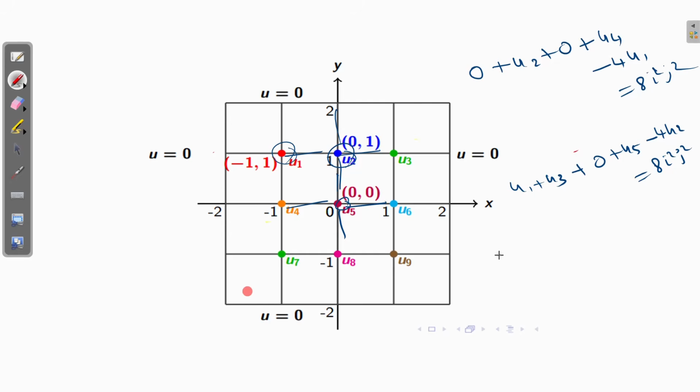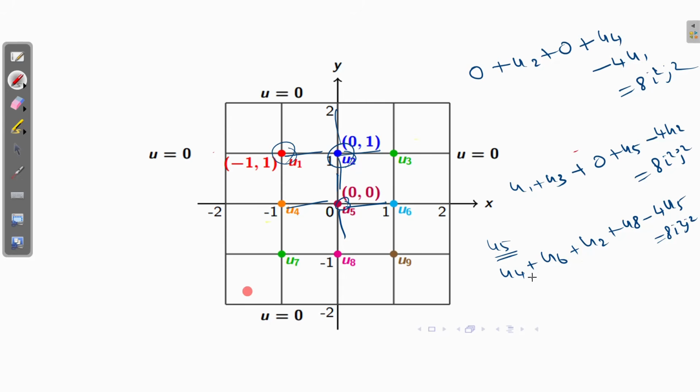So for u5 it will be u4 plus u6 plus upper value u2 plus u8, minus 4 times of u5, equivalent to 8 i square j square.